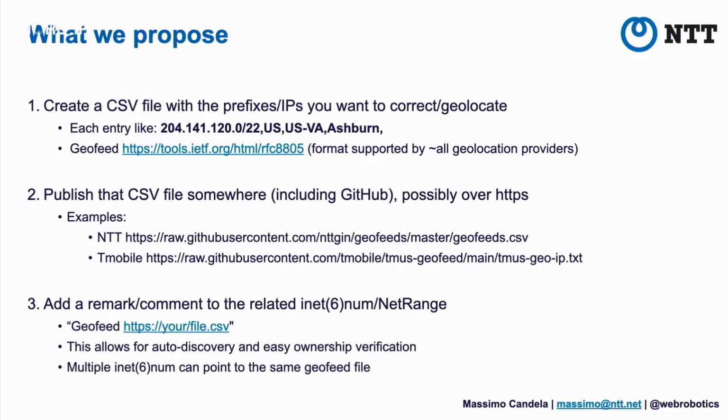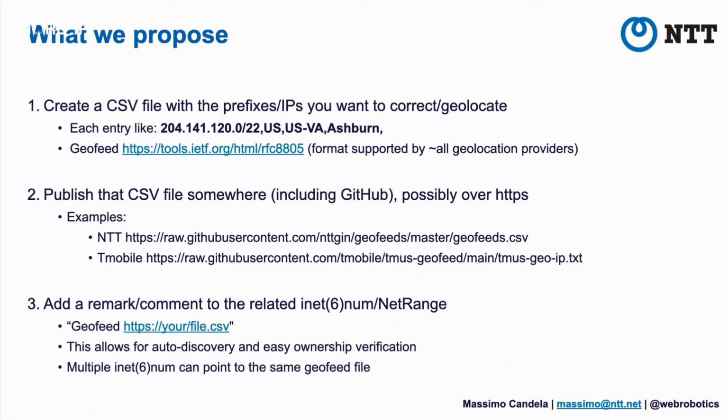So that's where step 3 comes into play. In step 3, you go to your RIR portal, for example RIPE, if you are in this region, and you find the inetnum that covers the prefixes that you provided in your Geofeed file, and you add a remark. The remark has to contain the keyword geofeed, space, URL.